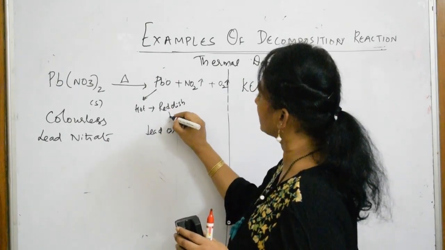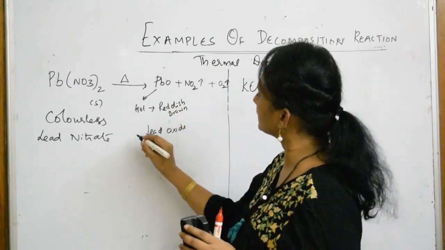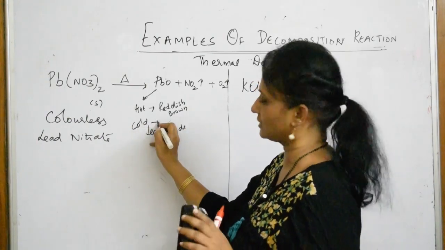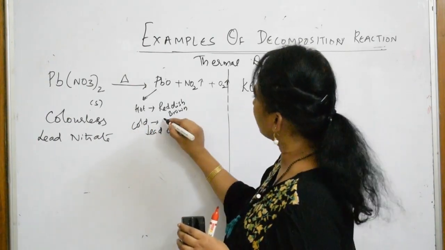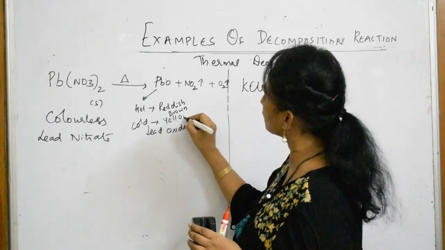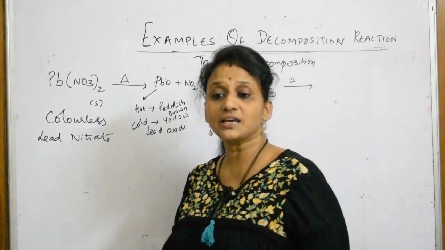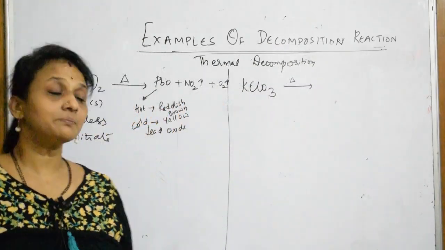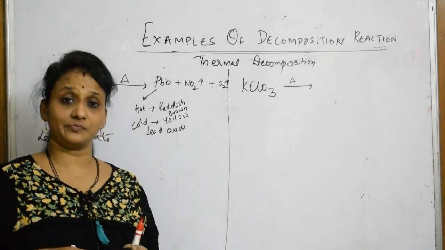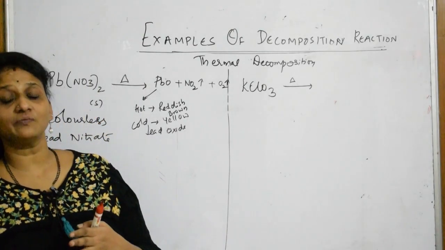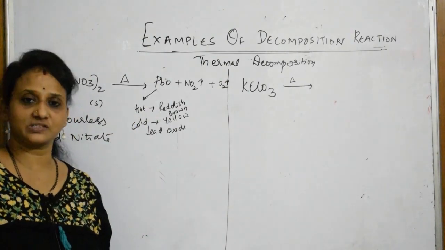If it is cold, the temperature comes down, then the lead oxide solid will become yellow in color. So in the exam they will ask, name the compound which is reddish brown when hot, yellow when cold. That is nothing but lead oxide, right?